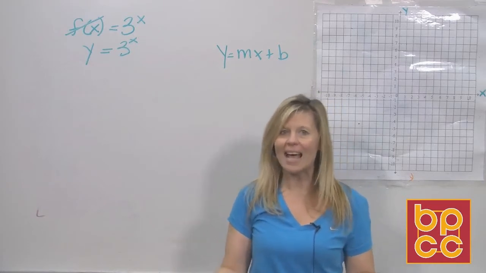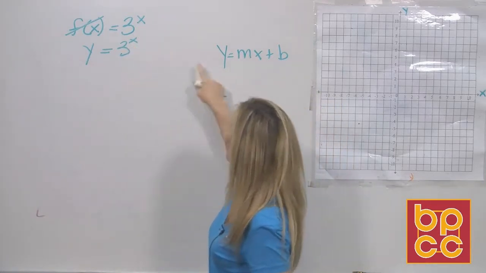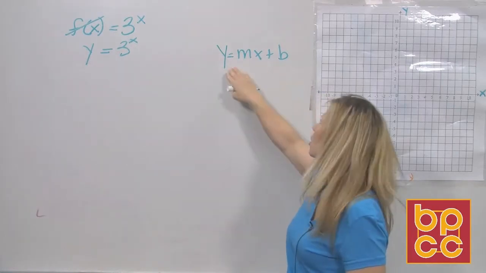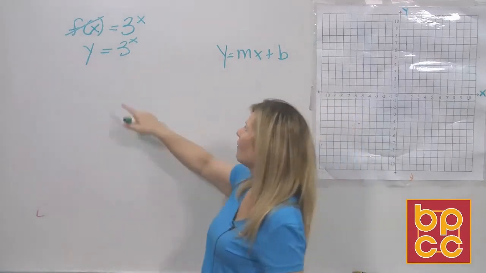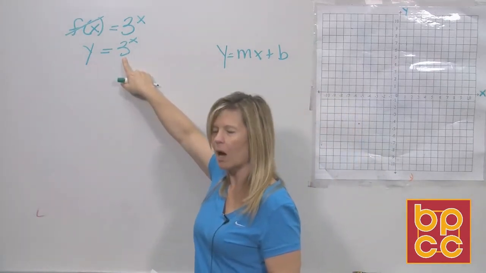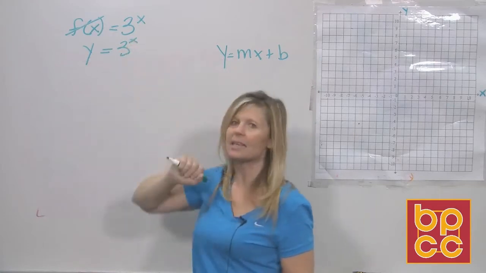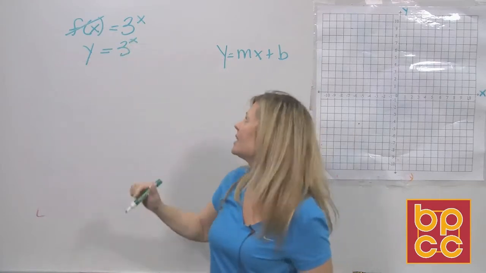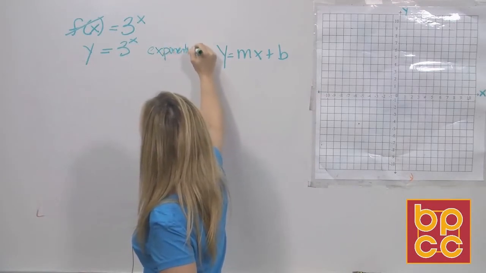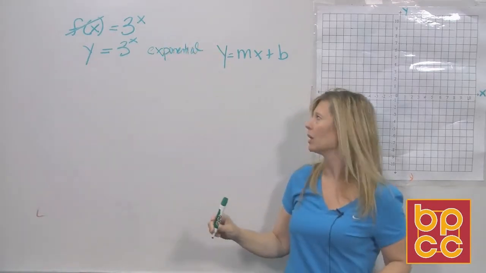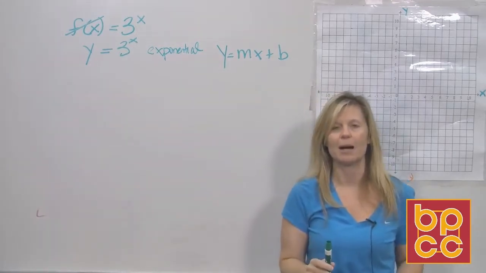No. That x is in the exponent spot. So when the x is in the exponent spot, it is not a diagonal line because it is not in this form. So when we have a base that's a positive number and the x is in the exponent spot, this is an exponential equation, because we said way back in Module 11, exponential means you have a variable in the exponent spot.